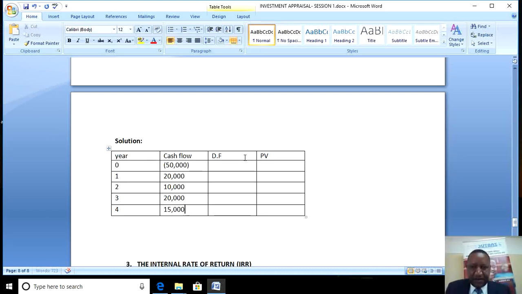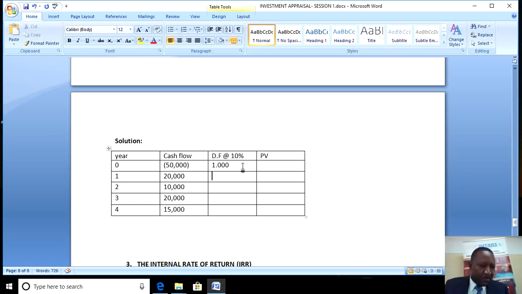Discounting factor. The discounting factor here at 10%. We are told the cost of capital is 10%. For the DF, discounting factor, you use the present value tables to get that. So if you refer to the table, of course for year 0, you always have a 1.00.